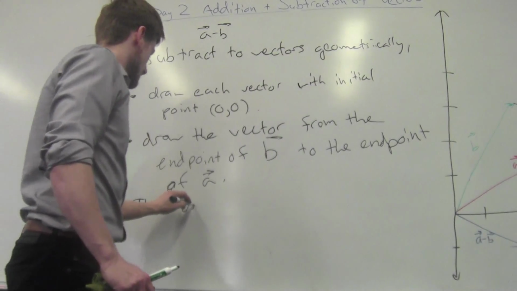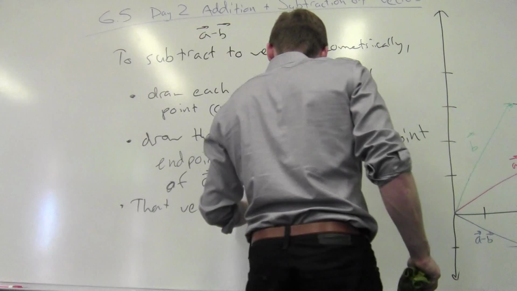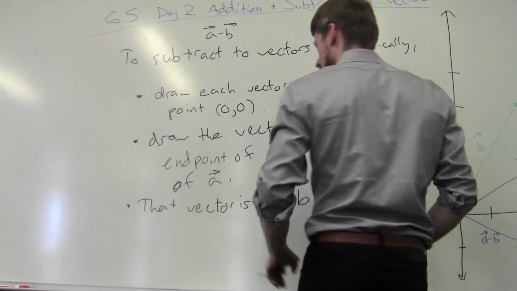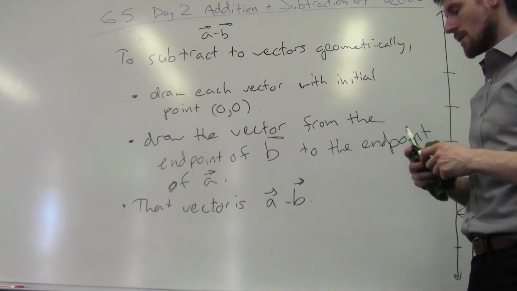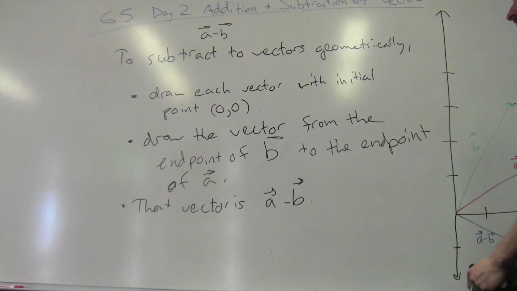That vector is A minus B. So that's how you would do it geometrically by drawing the vectors on a coordinate plane.